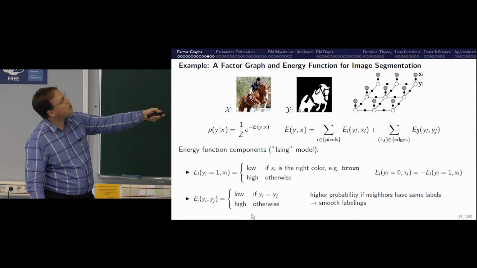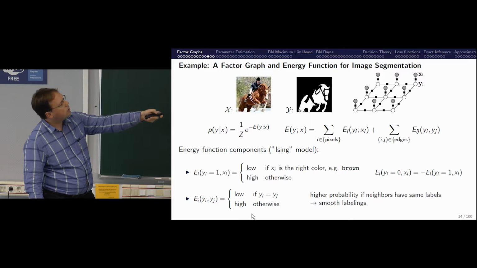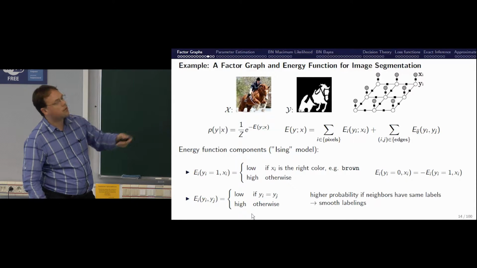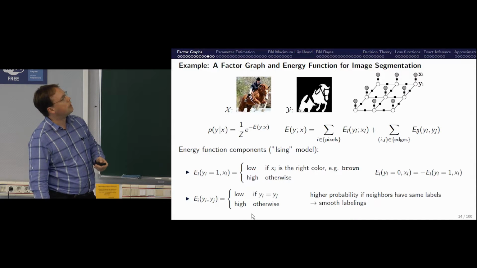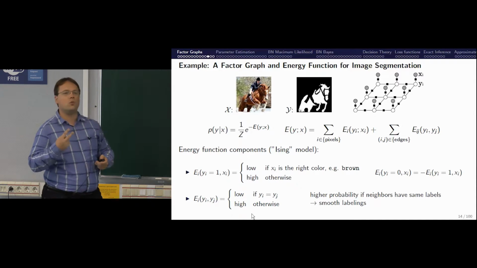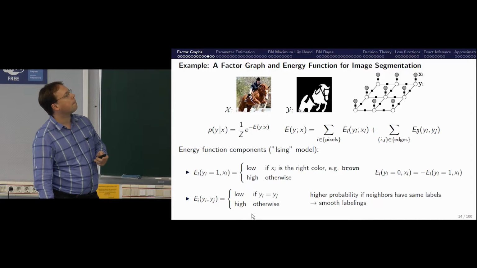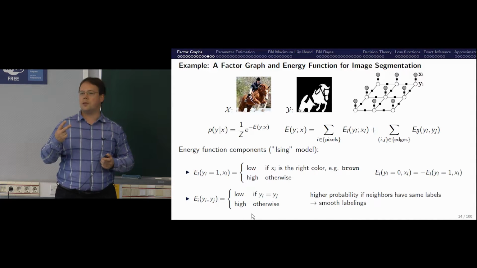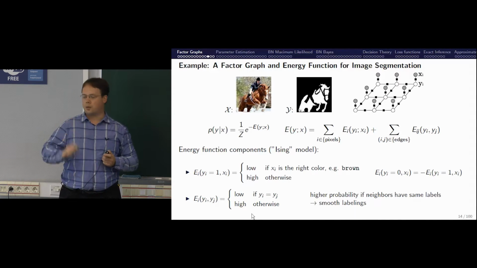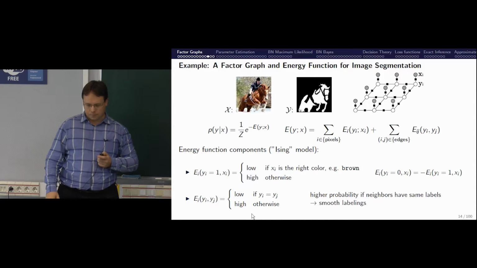So there has to be one term that looks at the output at that location, and additional information from the image, if we like. And there will be as many terms as there are neighboring relations between the grid nodes, which look at two output variables at a time. So two foreground, background labels which are next to each other.